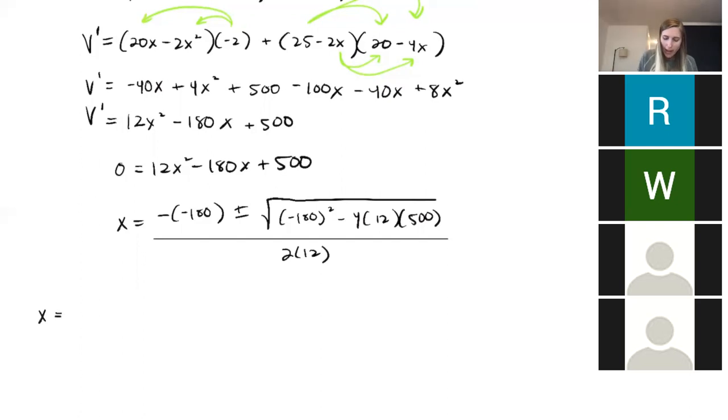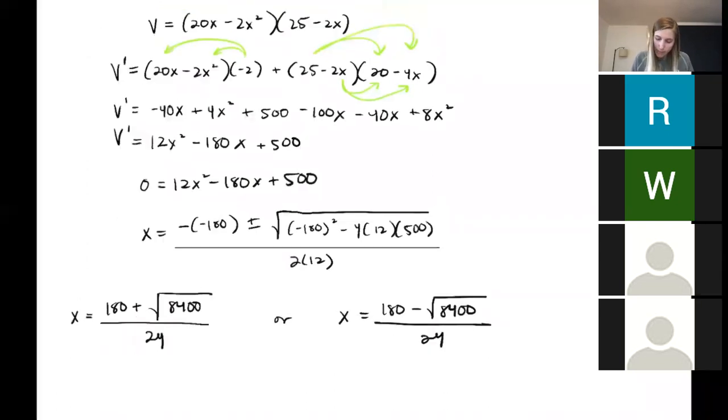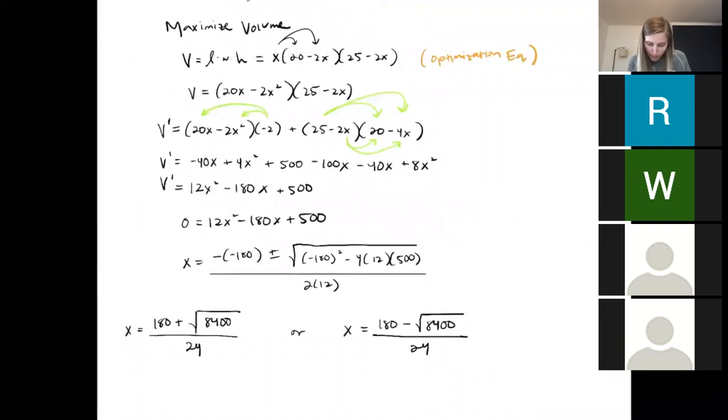That would be x equals 180 plus the square root of 8,400 over 24. I was just making sure that wasn't a perfect square. Or x equals 180 minus the square root of 8,400 over 24. Okay, so these are our possible critical values.